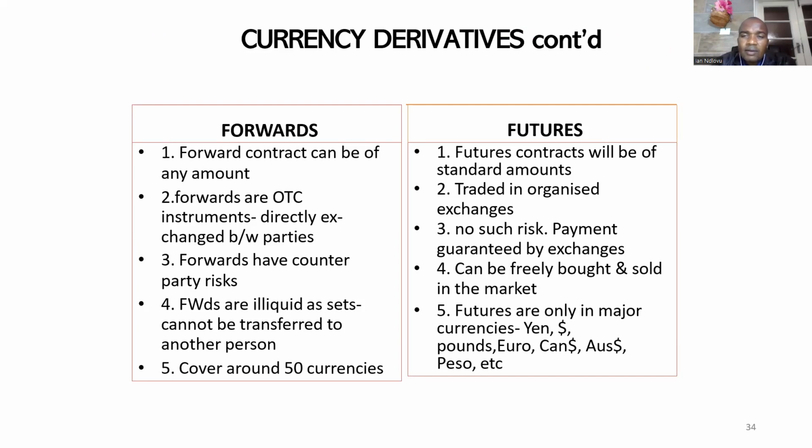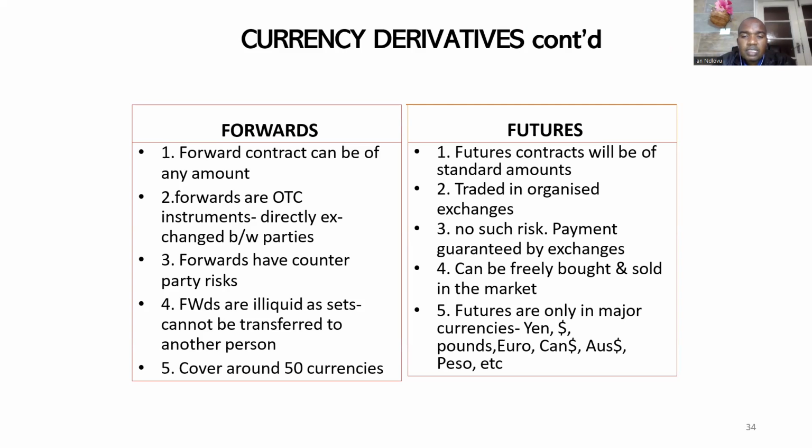Whereas futures are traded in organized exchanges. They are not tailor-made for specific counterparties in foreign exchange markets. And then number three, forwards have counterparty risks. But futures have no such risk. Payment is guaranteed by exchanges.